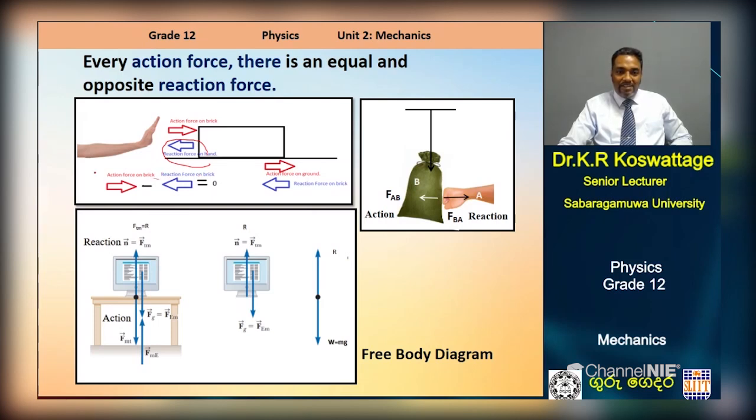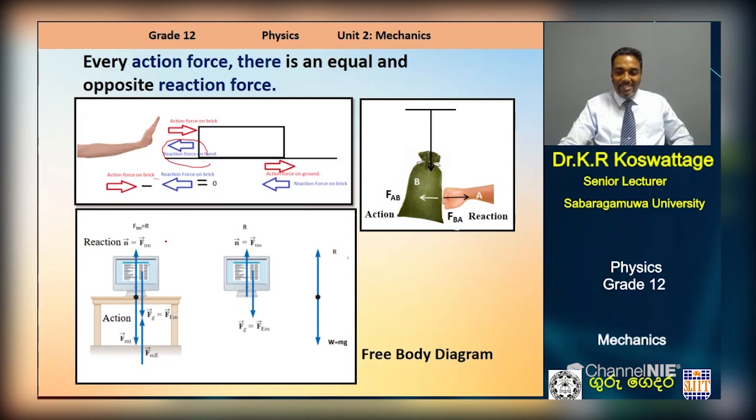When you add these, it is 0, so the net force is 0. At the same time, you have forces here: an action force on the ground and a reaction force on the brick. This is the reaction force from the ground to the brick, and the action force on the ground is from the brick. This is also equal in size and opposite in direction.